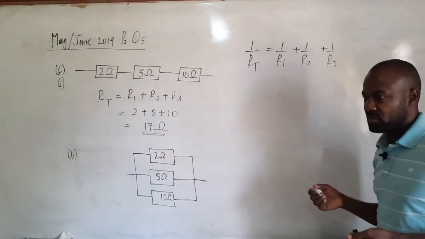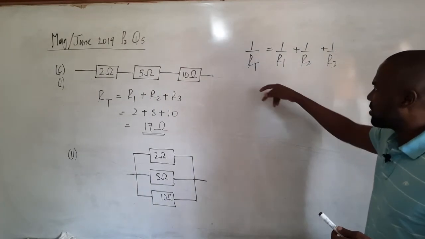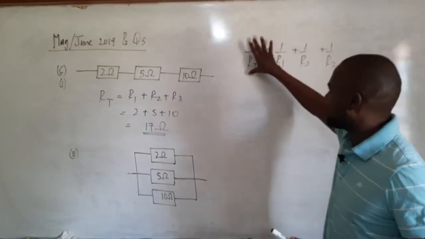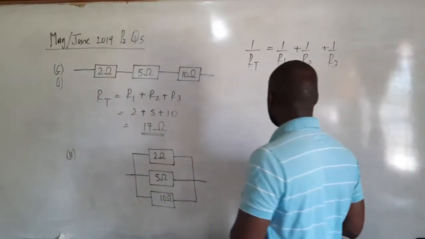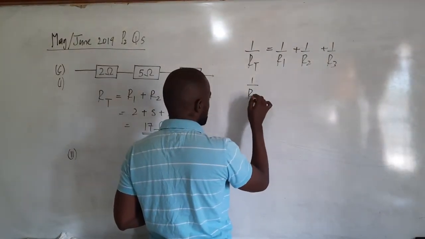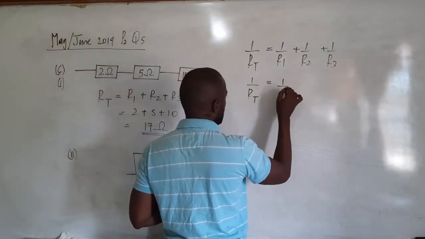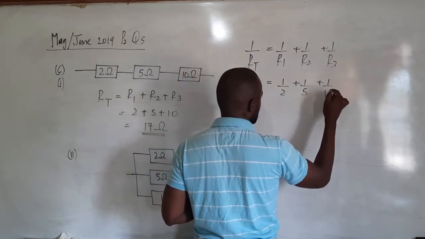So 3 resistors connected in parallel, we use this formula to calculate their effective resistance RT. So we'll work out this value and then of course reciprocate it to find the value of RT. So let's begin. So 1 over RT is equal to 1 over 2 plus 1 over 5 plus 1 over 10, right?